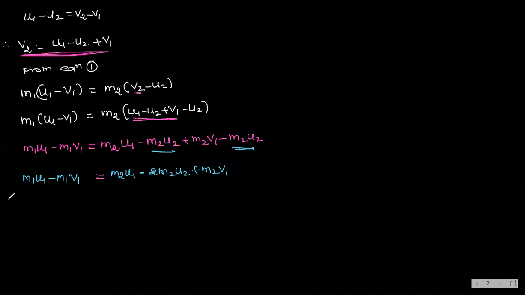Okay, so now see what I'm doing. I want the velocity v1, I want the v1 value. So the v1 terms I'm taking to one side and the other terms to this side.